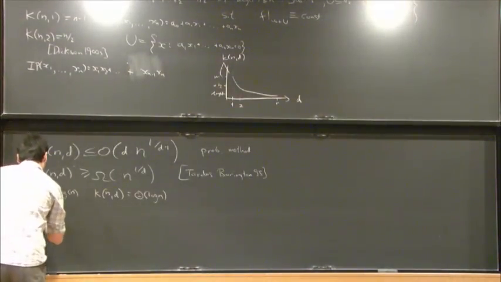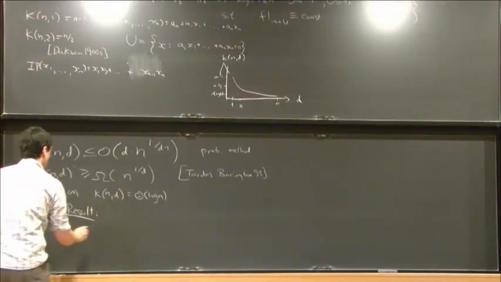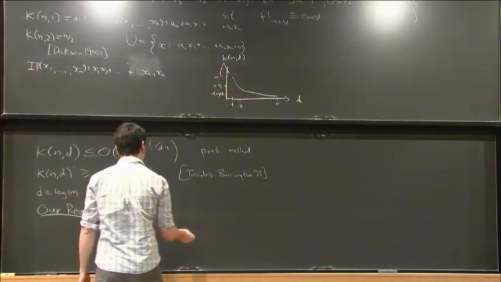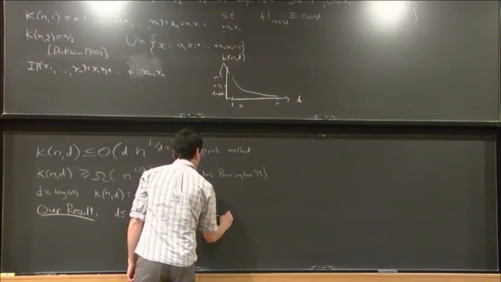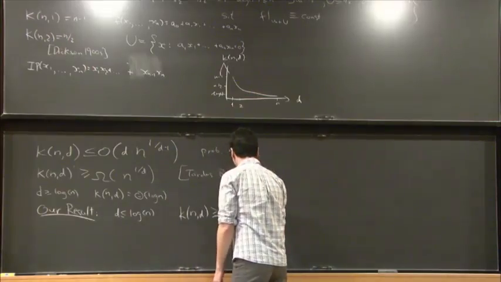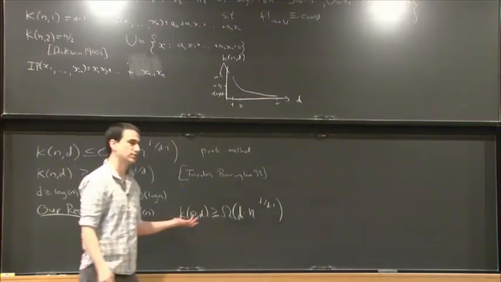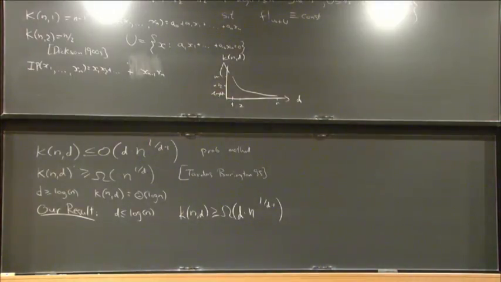Okay, so our result is that for d smaller than log n, K_{n,d} is at least Omega of d times n to the 1 over d minus 1. And this matches the upper bound from the probabilistic method, so we understand K_{n,d} for any parameter. Okay, so we will see this theorem in full.